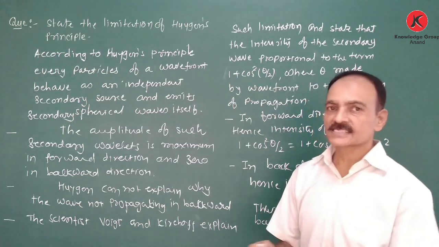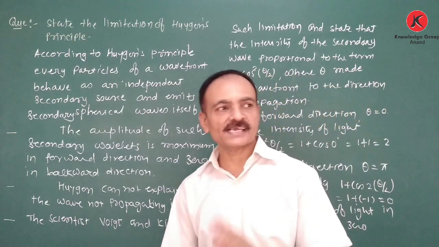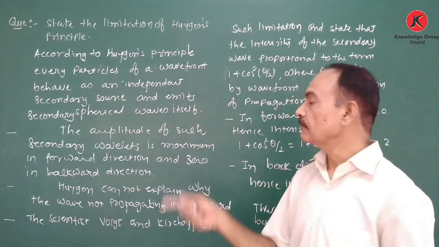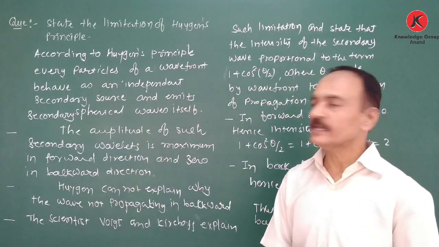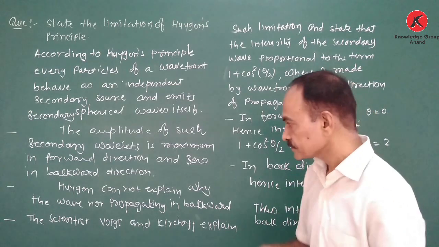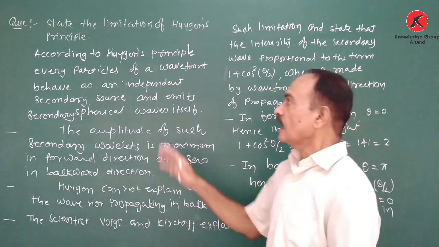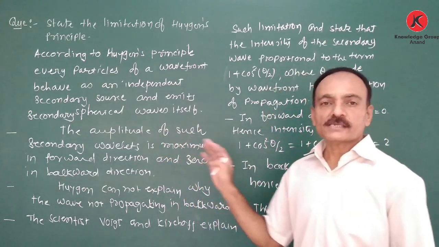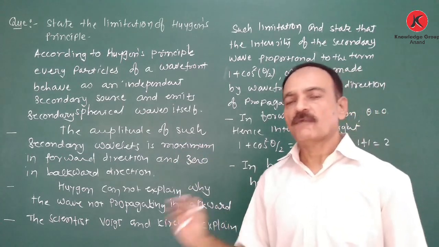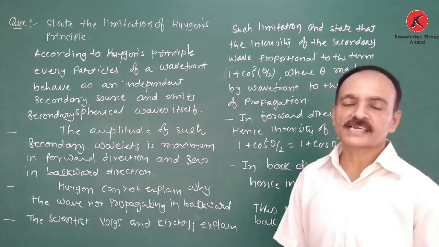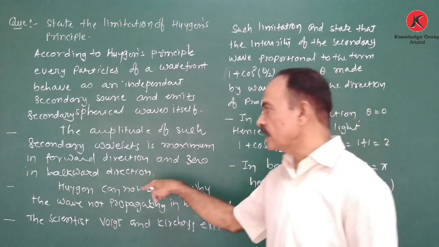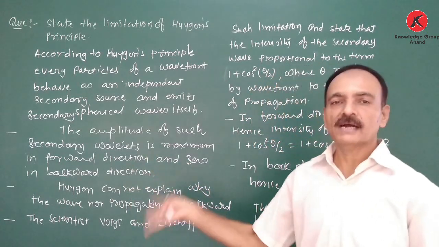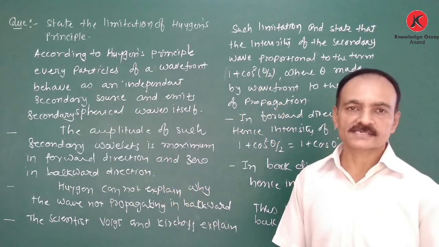In other words, we do not obtain the secondary spherical waves in the back direction. Therefore, Huygens cannot explain why the amplitude of the secondary wavefront in the forward direction is maximum but zero in the back direction.